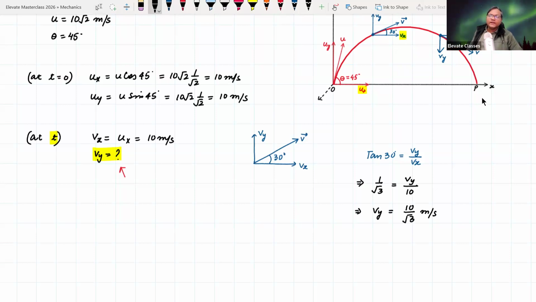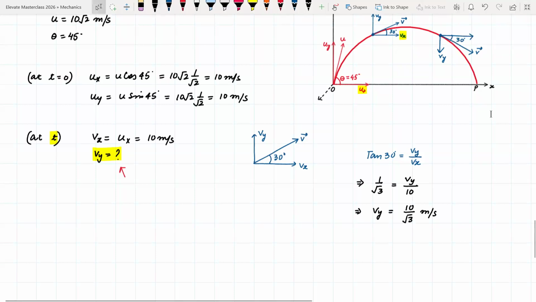So we have obtained Vy then, just from a geometrical interpretation. Yes or no? Tell me. Correct? Everybody? Correct? Just from a geometrical interpretation, we have obtained Vy.